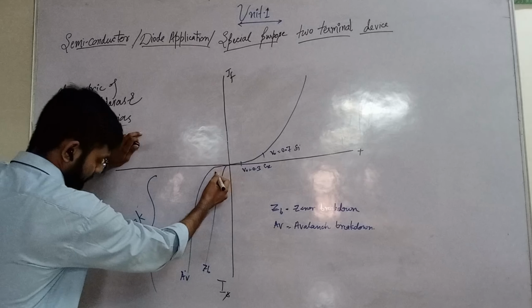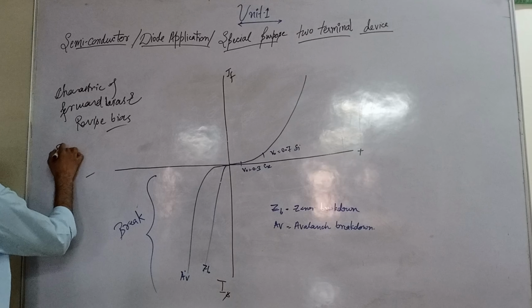If the PN junction semiconductor is connected, the graph grows exponentially, with a cut-in voltage of 0.3 for germanium and 0.7 for silicon.